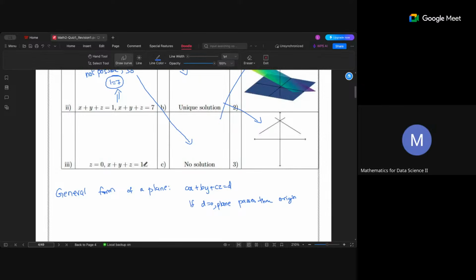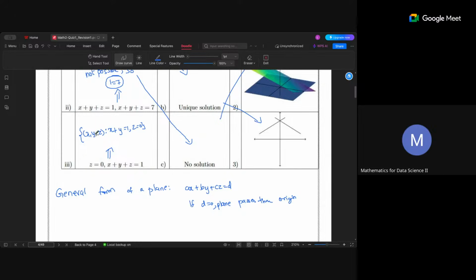is equal to 1. x plus y plus z equal to 1. So this means you have the set of all x, y, z such that both these equations hold. So it reduces to just x plus y is equal to 1 and z is equal to 0. Right?